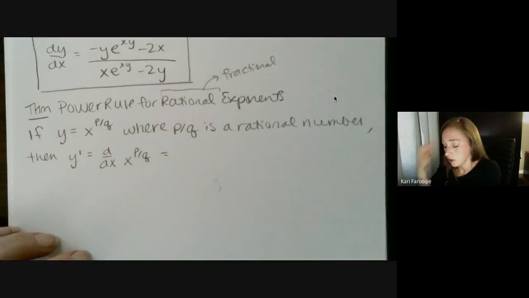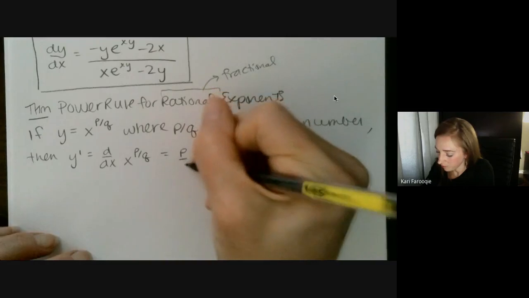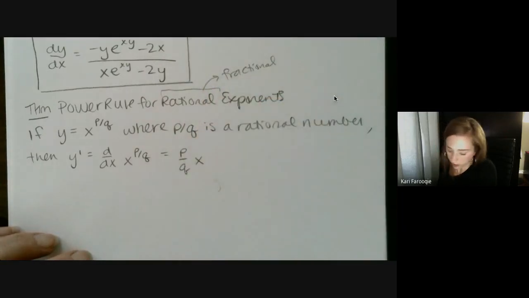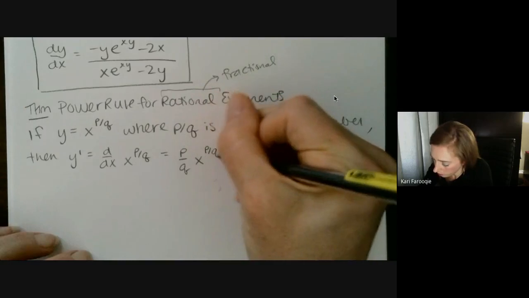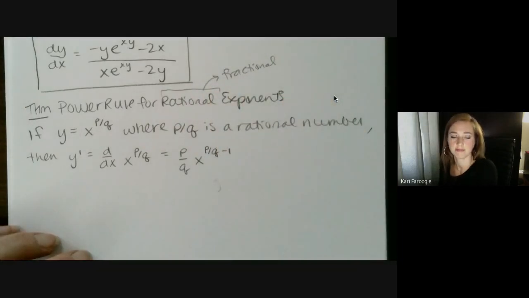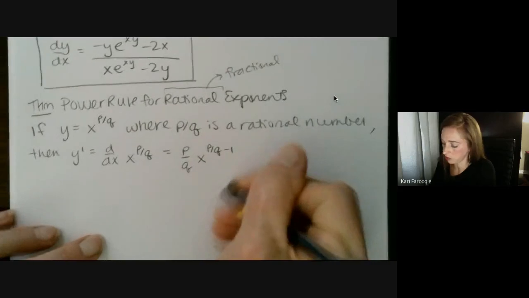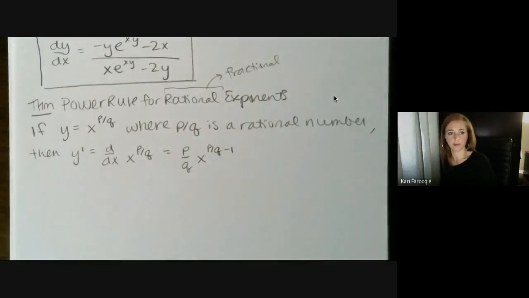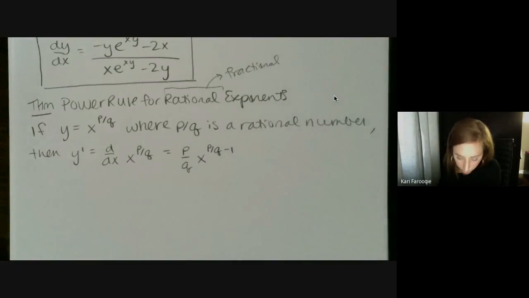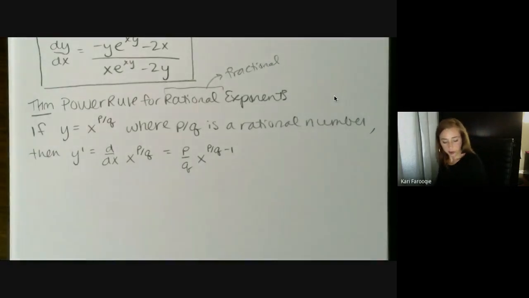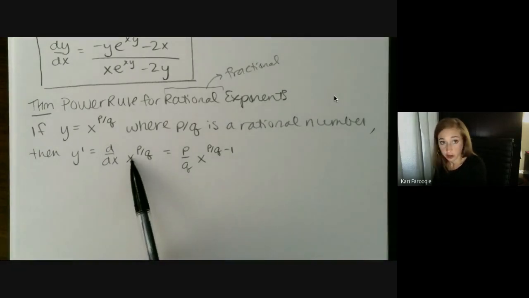And this derivative is: bring the exponent down, rewrite the x, subtract 1 from the exponent. So basically nothing new, but you're officially being given this rule now that you can use it for fractional exponents. And of course, I'm going to show you some examples of this. It will apply to functions of x, so it doesn't necessarily have to be just x to the p over q.